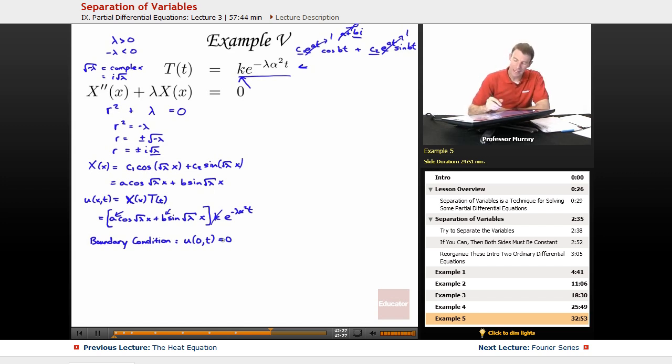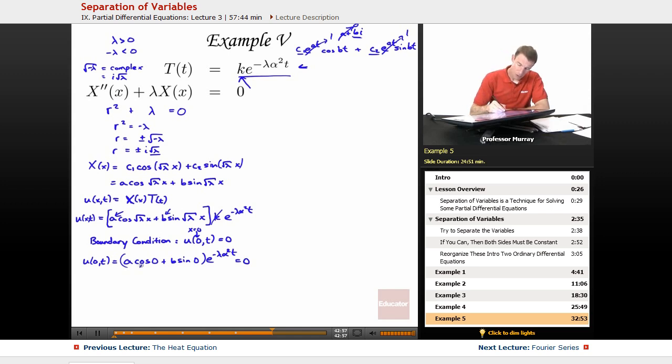So let's see what we get. Remember, that means you're plugging in x equals 0. Let's see what we get if we plug in x equals 0 into our u of x,t here. So u of 0,t is equal to A times cosine of 0 plus B times sine of 0. And all of that gets multiplied by e to the negative lambda alpha squared t, and that's supposed to come out to be 0.